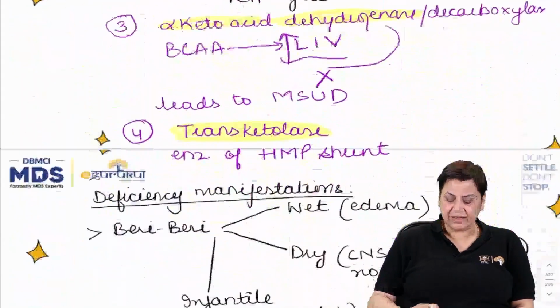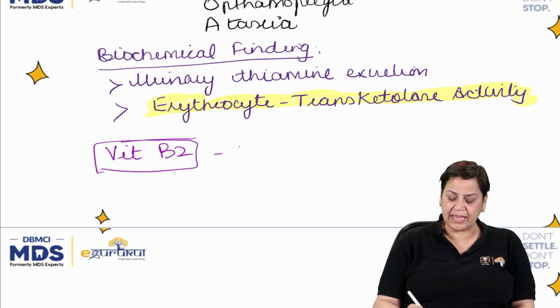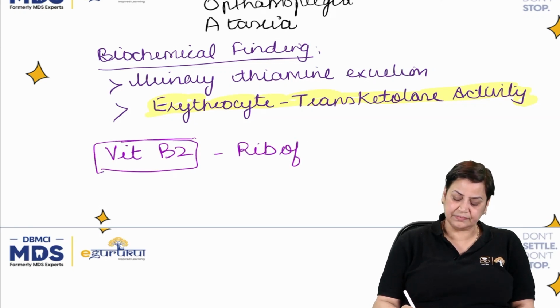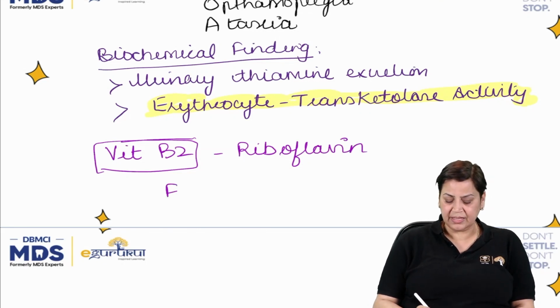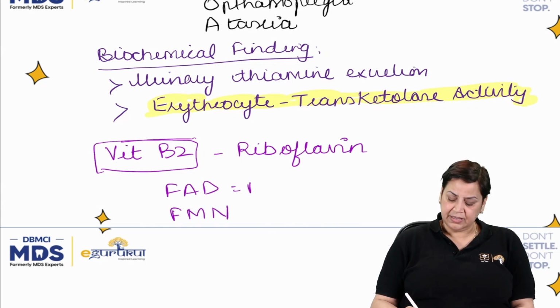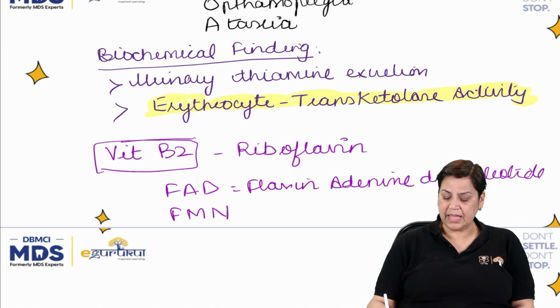Then the second vitamin is vitamin B2, also known as riboflavin. The active forms of riboflavin are FAD and FMN: flavin adenine dinucleotide and flavin mononucleotide.